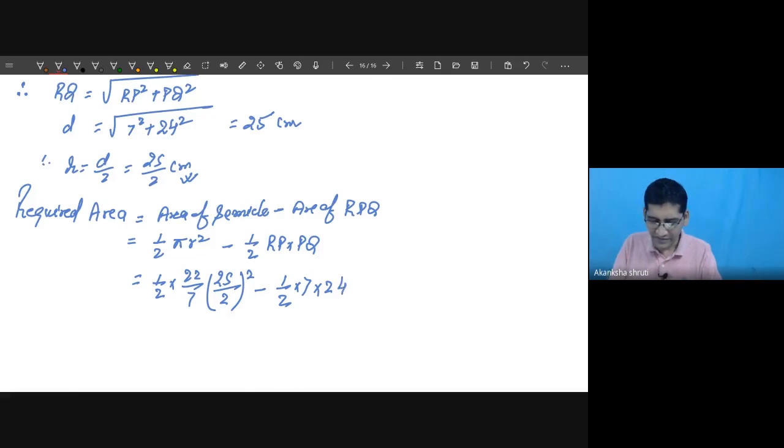Simplify it. It's very simple. So it's like our 12. Get it? How you can get it? 22 multiplied by 625 divided by, or we may cancel one of the two at least here. Take this as 11 so that it is reduced.